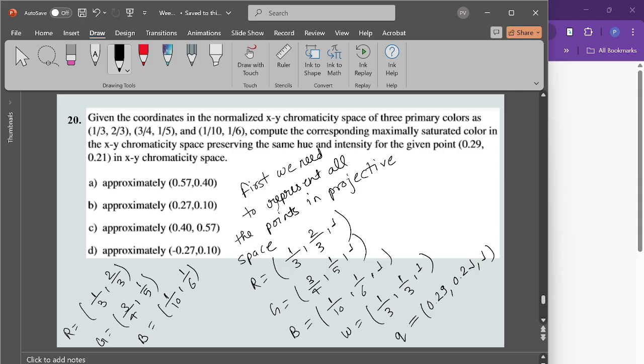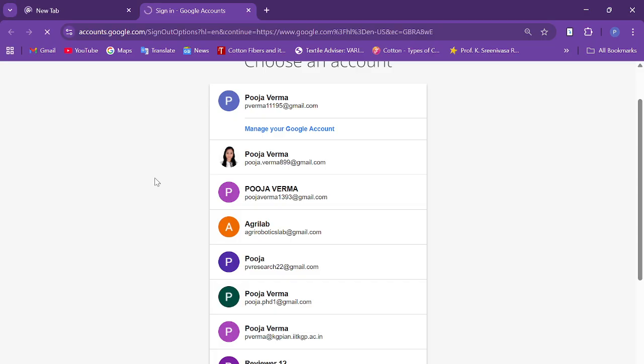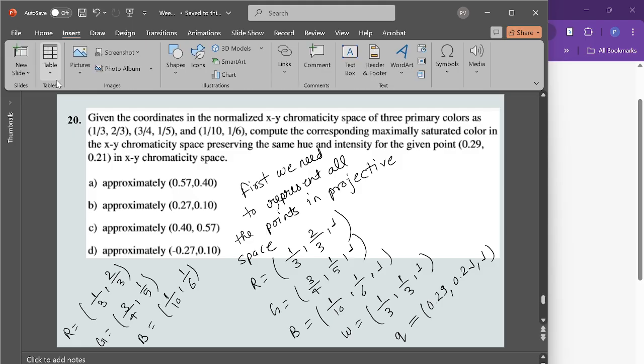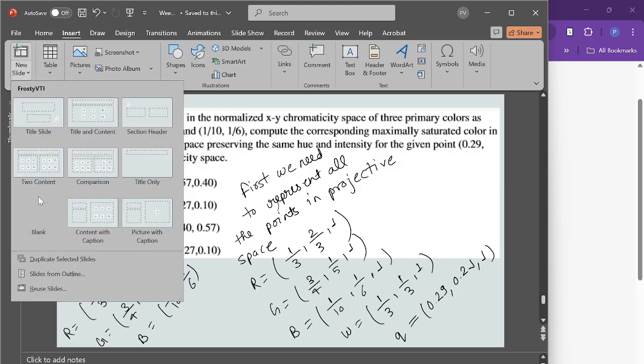Okay, so this is a projective space representation of these points. Now to calculate the chromaticity space preserving the same hue and intensity, we need to calculate the other parameters as well.